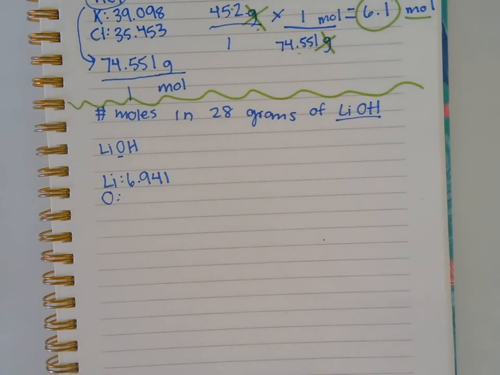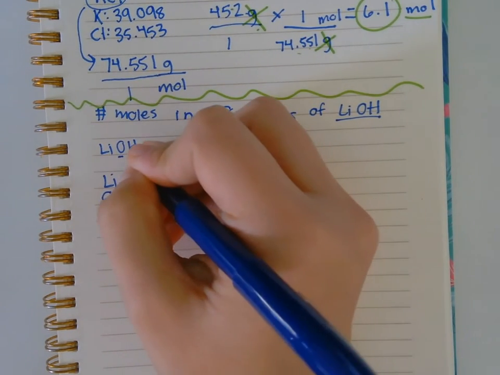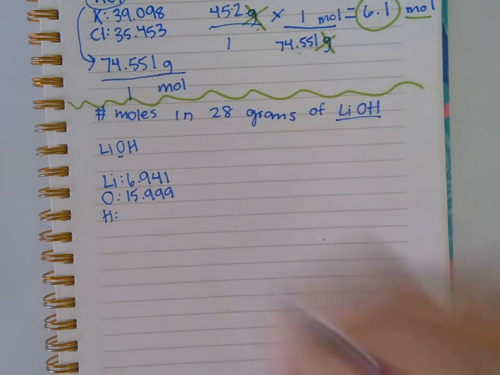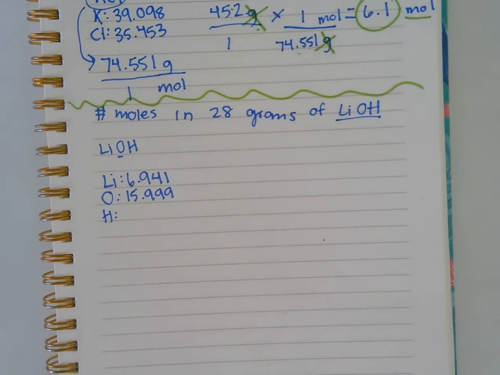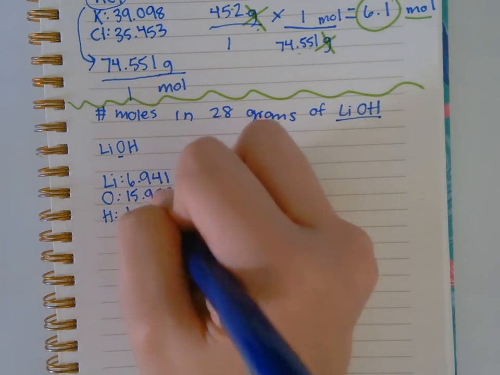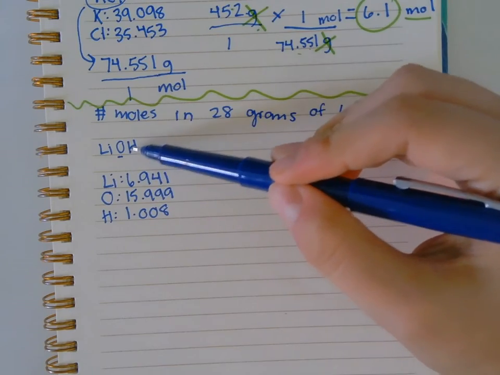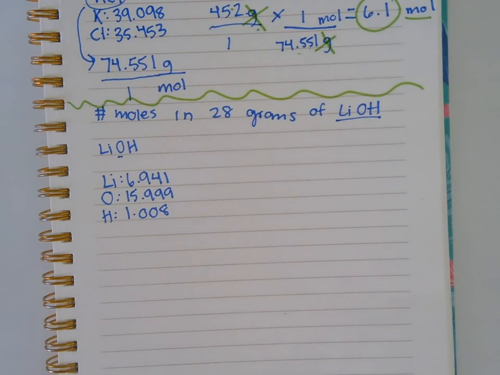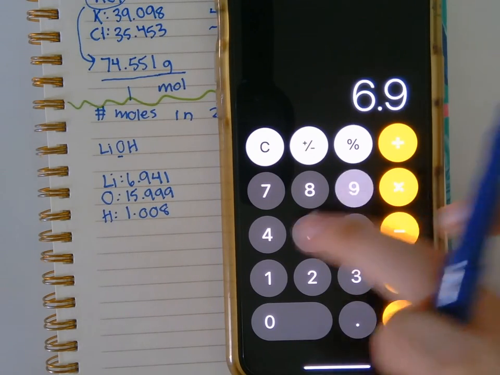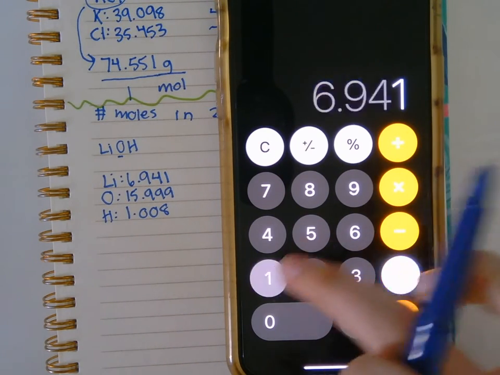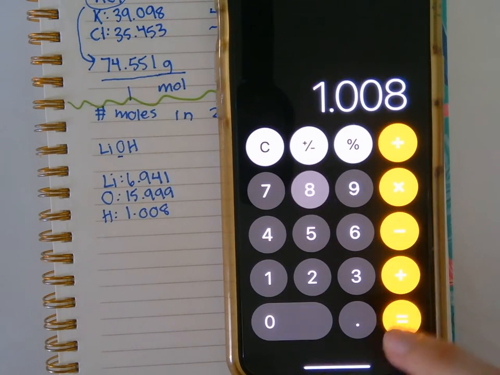Oxygen has a mass of 15.999. And last but not least, hydrogen has a mass of 1.008. So now I have accounted for all the atoms in this compound, so I can just go up to my calculator and add 6.941 plus 15.999 plus 1.008.